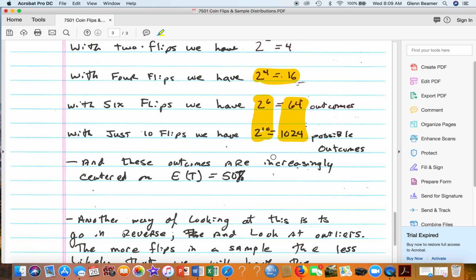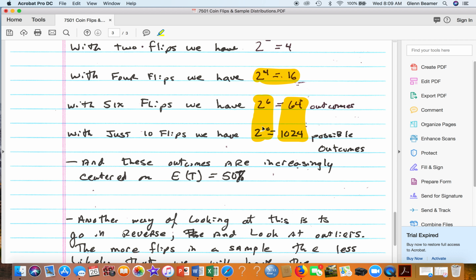Think about getting 5 heads in a row followed by 5 tails. That's a singular outcome, but if you move over 1 at a time, you have 5 more opportunities to get 5 heads and 5 tails, and that happens for each of them.